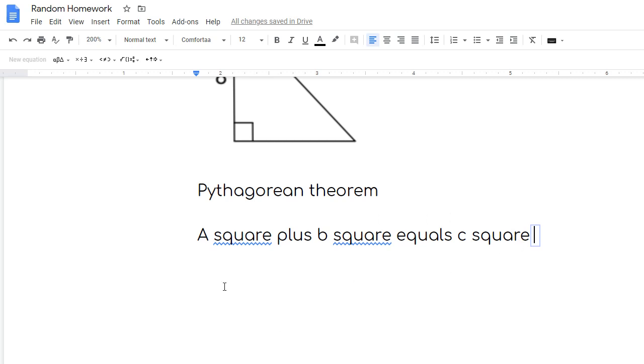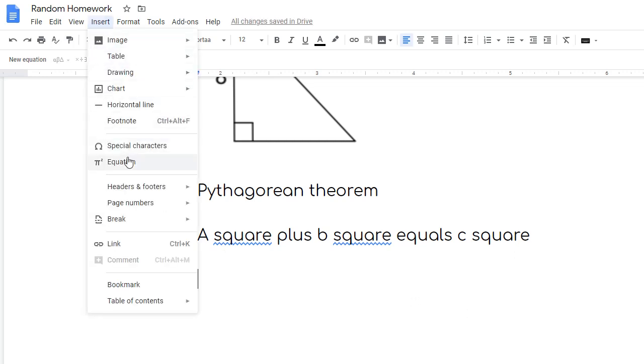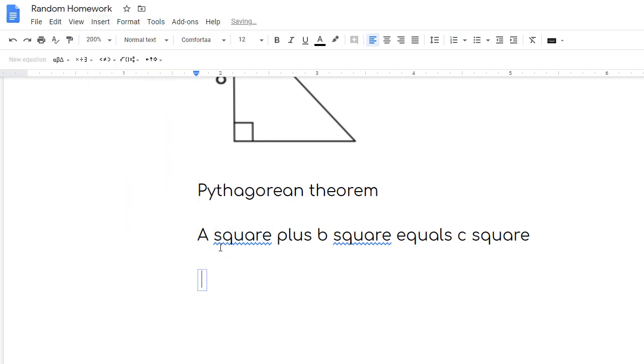I'll do this down here, so I'll make a new line. I'm going to make the translation. Insert equation. Instead of saying a square, I want to type a. Now I need to enter the exponent 2. So I need to go up to all of the symbols that I have over here.